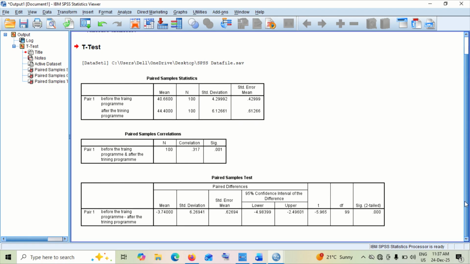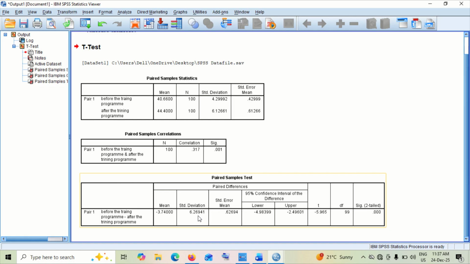Thereafter, in order to check the hypothesis, we have to use paired sample test. The mean difference is minus 3.74. That means there is an increase from before the training program to after the training program by 3.74.